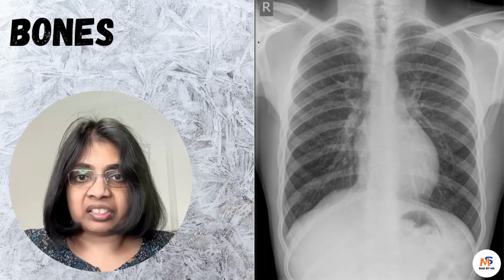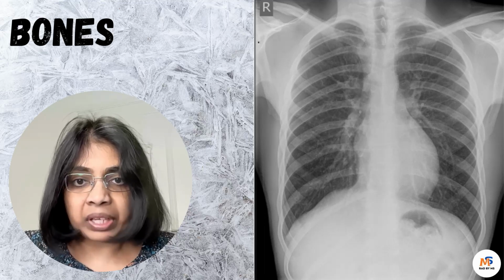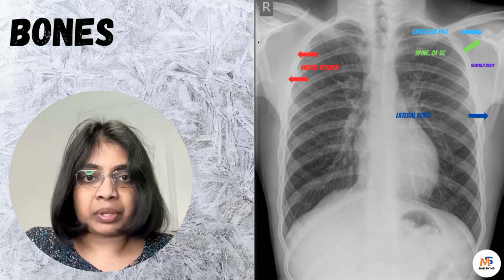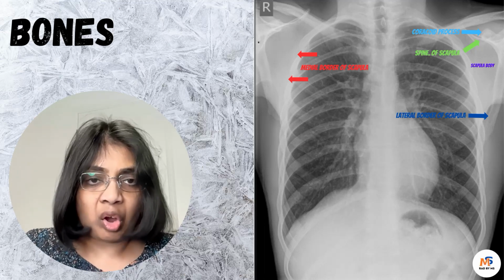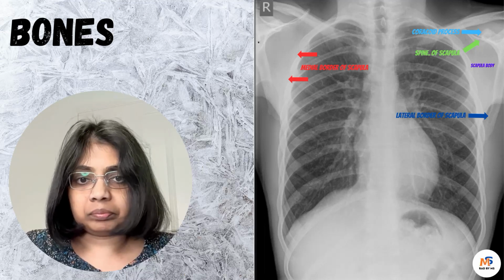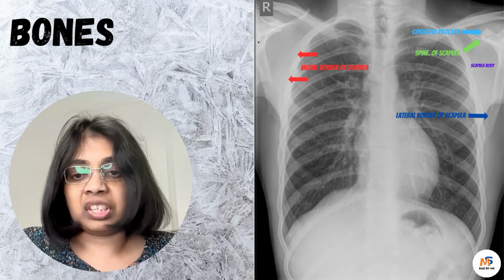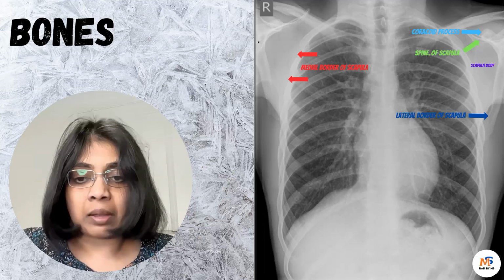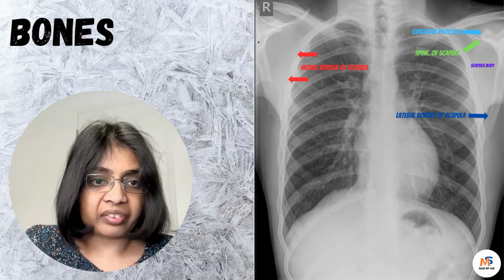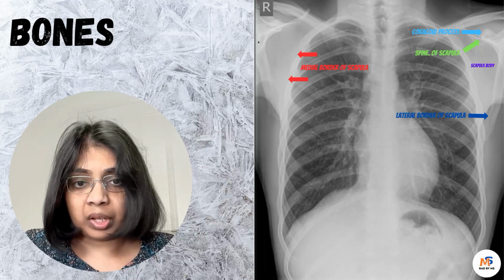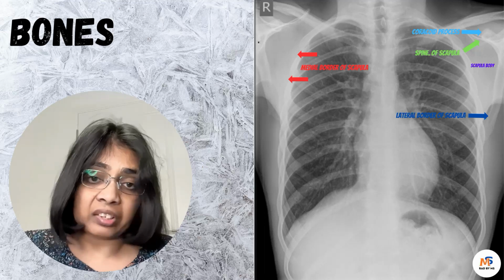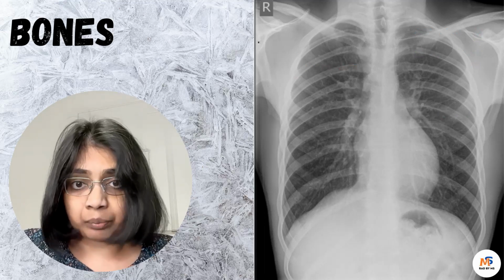humerus and the scapula, so you can see the medial border of the scapula, the spine, the coracoid process. So you can see the coracoid process of the scapula, the spine of the scapula, as well as the medial border of the scapula, as well as the lateral border of the scapula.